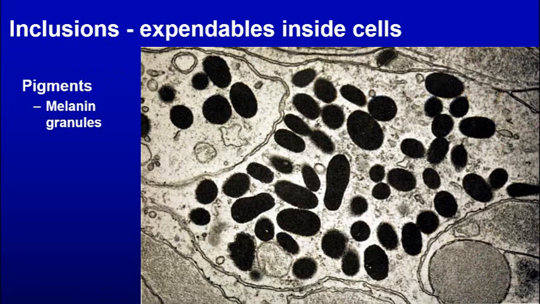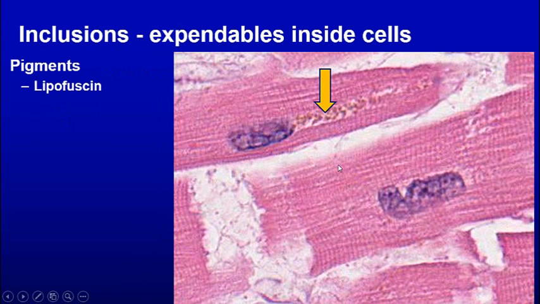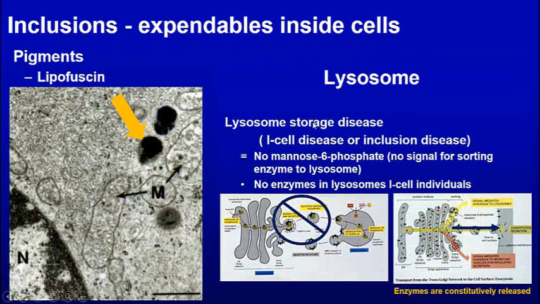Another group of inclusions are the pigmentation. So like melanin granules, they're inclusions too. Here we see lipofuscin in old muscle. Lipofuscin is lysosomal degradation as far as it goes, and then it can't get it all destroyed, and so you have some remaining as lipofuscin.